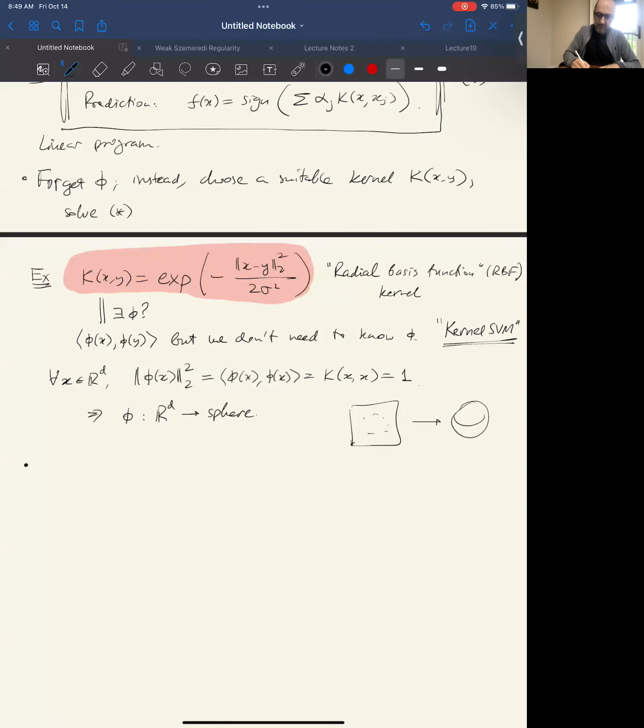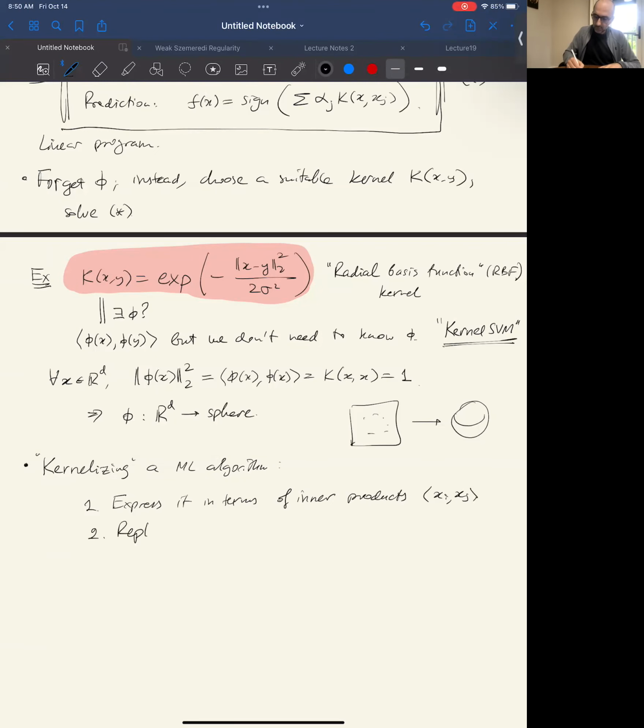So the summary of this is that we can do this for pretty much any learning algorithm. This method is called kernelizing a machine learning algorithm. First, you express the algorithm in terms of inner products between the data points.